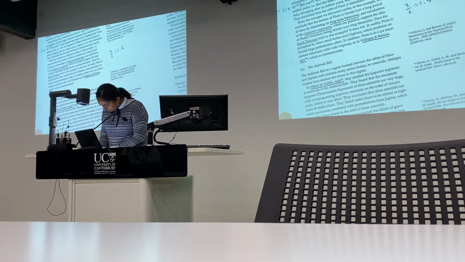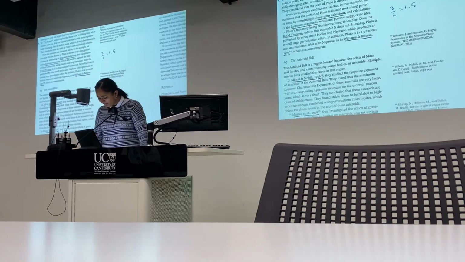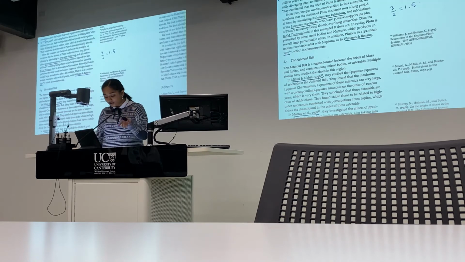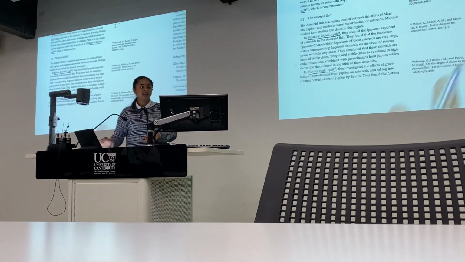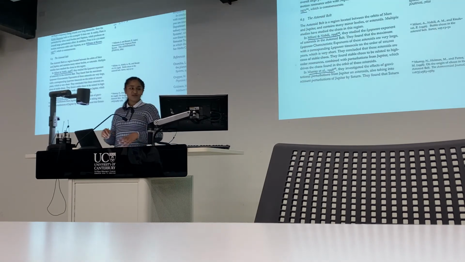In the second paper, they investigated the effects of perturbations from Jupiter on the asteroids, but they also took into account the perturbations of Jupiter by Saturn.